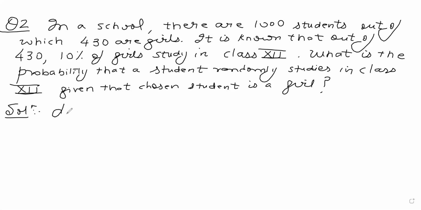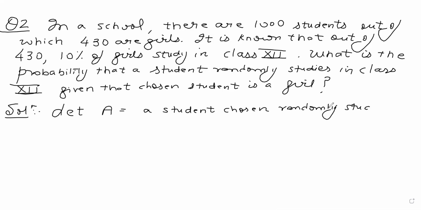Okay, so again, let's describe the events. Let A denote the event that a student chosen randomly studies in class 12, and let B denote the event that a randomly chosen student is a girl.